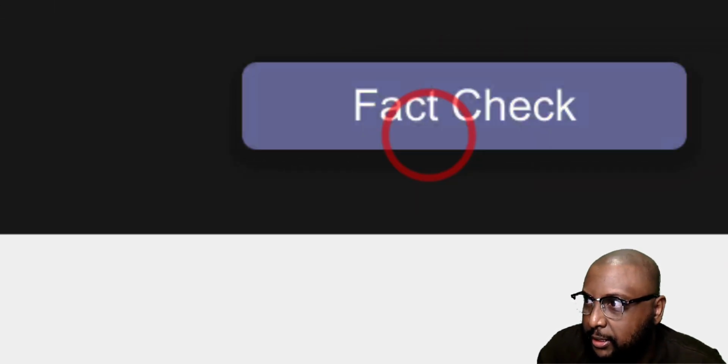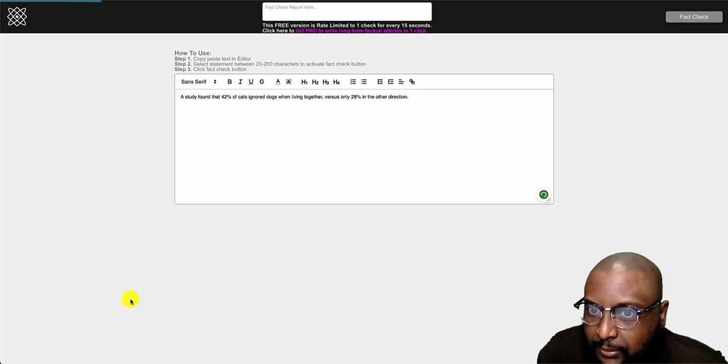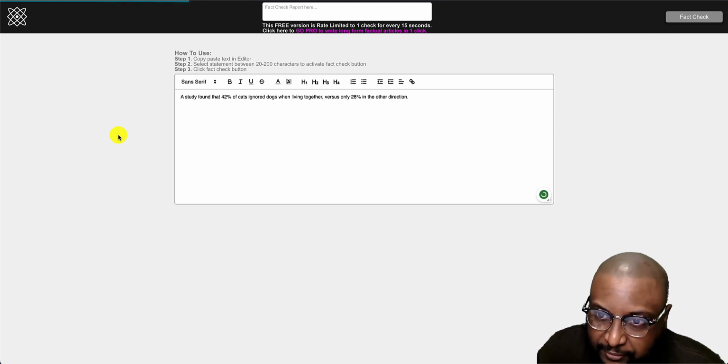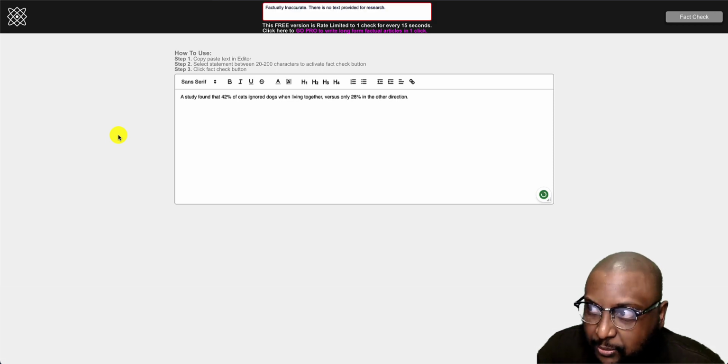Let's fact check. Here we go. I see the status bar at the top moving. Let's see if it could verify this information here. A study found that 42% of cats ignored dogs when living together versus only 28% in other animals.